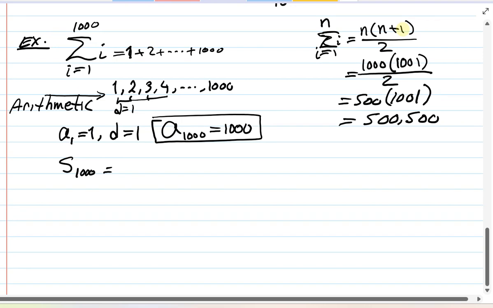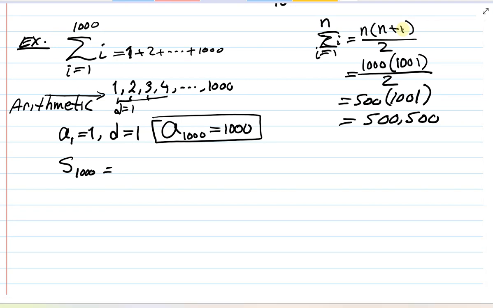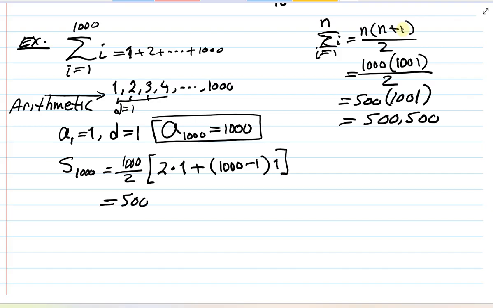And the formula that we had was this. It was n over 2 times [2 a1 plus n minus 1 times d], the common difference. So here's your 500. 2 times 1, 2, plus 1,000 minus 1 is 999.